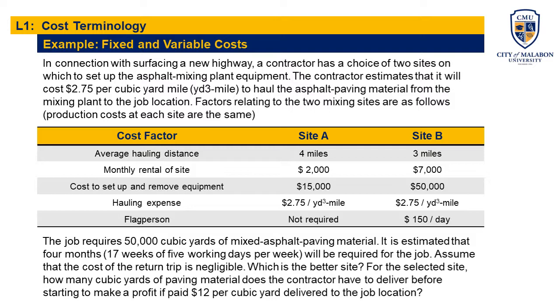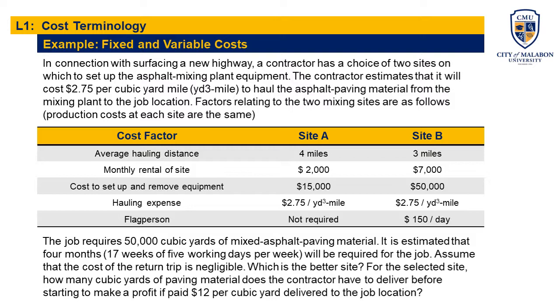Site A does not require a flag person, whereas in site B, a flag person is paid $150 per day. Okay? So the job requires 50,000 cubic yards of mixed asphalt paving material. It is estimated that 4 months or 17 weeks of 5 working days per week will be required for the job.